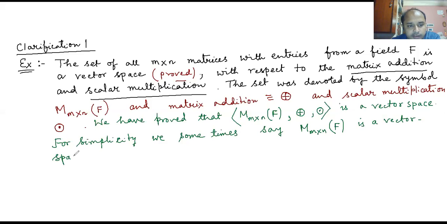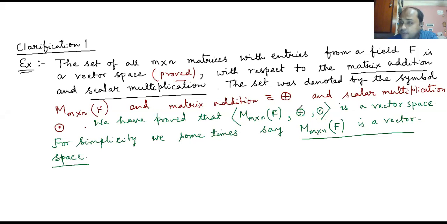When we use simply this particular statement, we are sure about the operations, because when we talk about the set of all possible matrices and say that this is a vector space, everybody understands that I'm talking about a structure in which some kind of operations are defined. So when we say that capital M m cross n F is a vector space, obviously it is with respect to two operations.